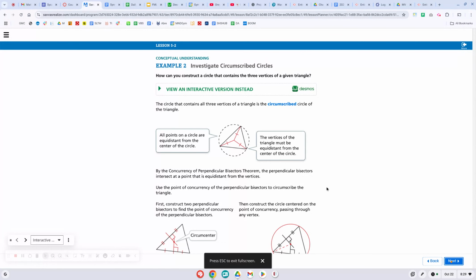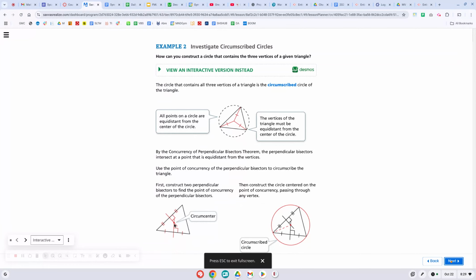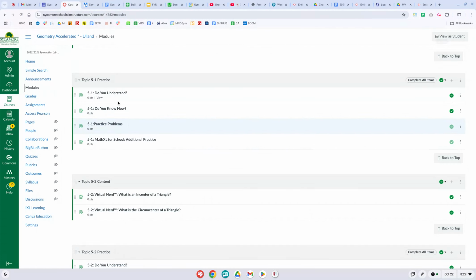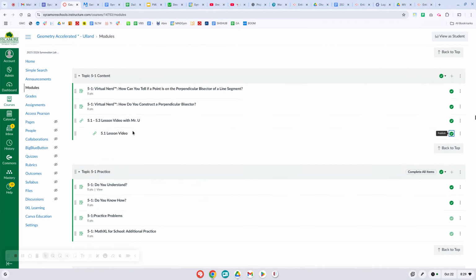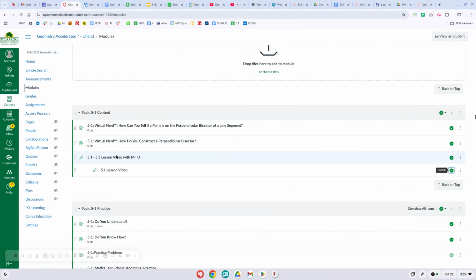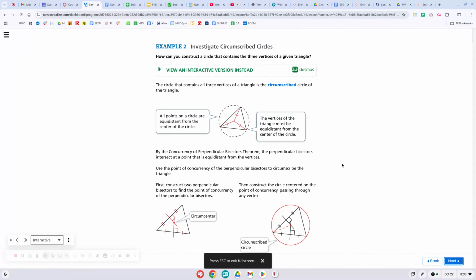Well, we're going to call that the circumcenter. There it is. After we're done with 3 lessons, I'm going to encourage you to go back and look at this 5.1 to 5.3 video.